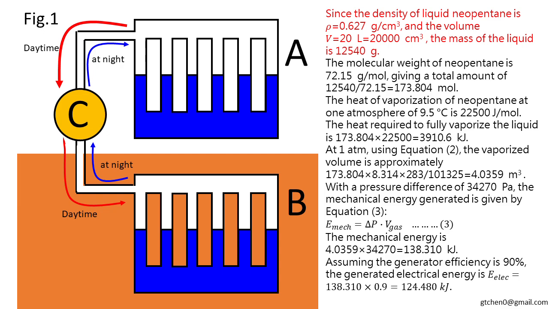12,540 grams. The molecular weight of neopentane is 72.15 grams per mole, giving a total amount of 12,540 divided by 72.15 equals 173.804 moles. The heat of vaporization of neopentane at 1 atmosphere of 9.5 degrees Celsius is 22,500 joules per mole.